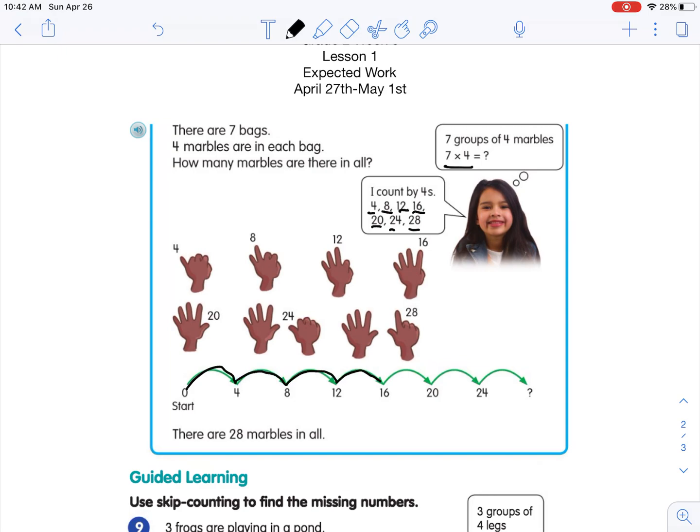We can do 1 hop, 2, 3, 4, 5, 6, and our 7th hop is going to land us on 28, because I know I can skip count by fours. 4, 8, 12, 16, 20, 24, 28.